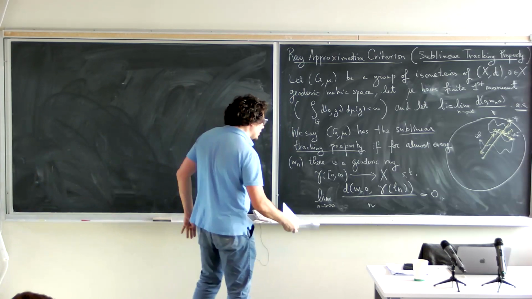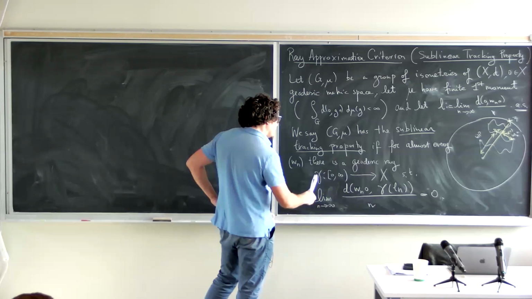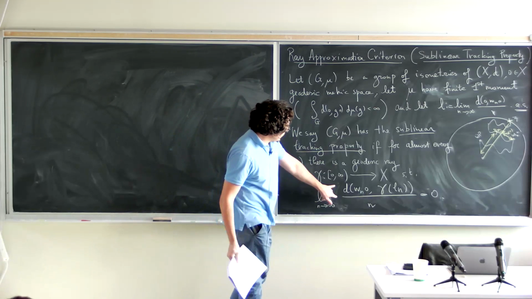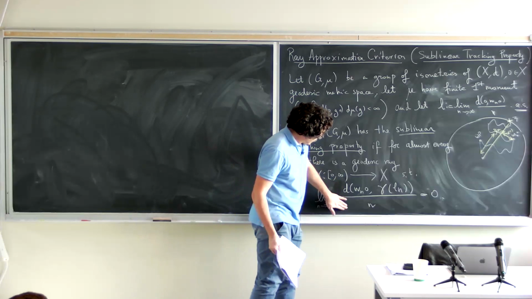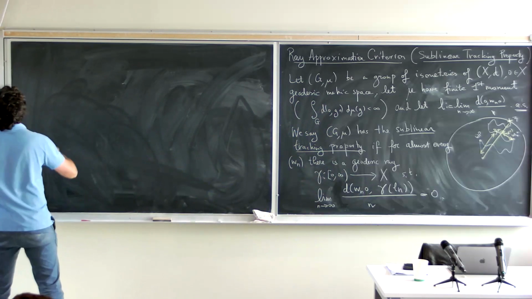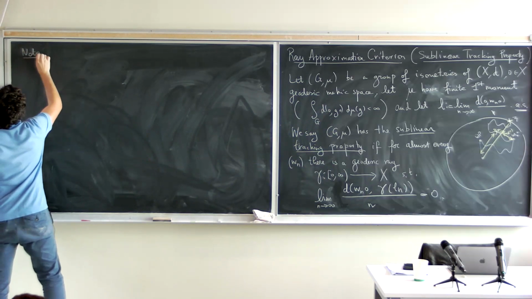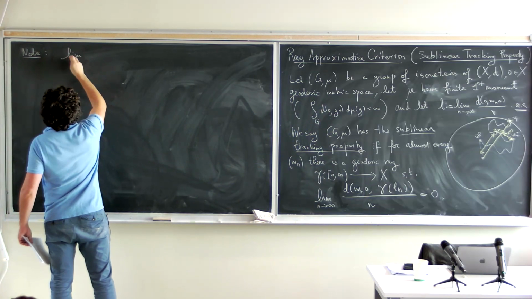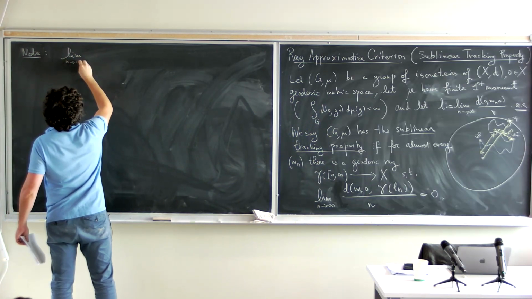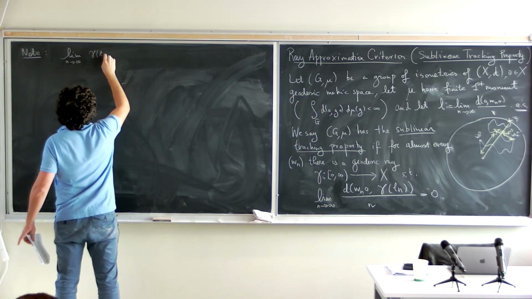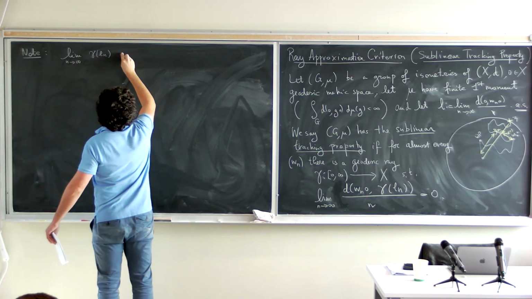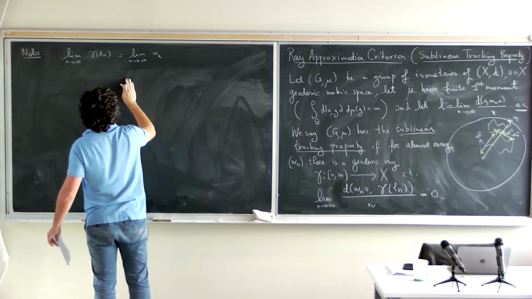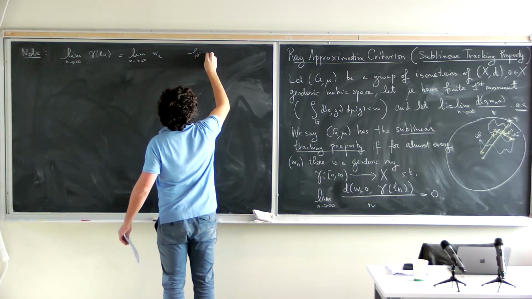In fact, one minor thing to say is that in most cases, if this is the case, then note the limit as n goes to infinity of gamma(Ln) equals the limit as n goes to infinity of W_n, for almost every path.